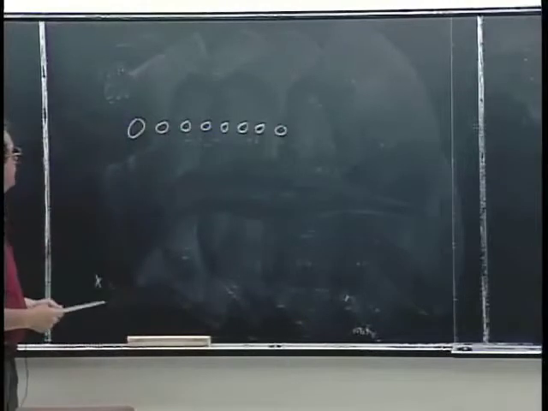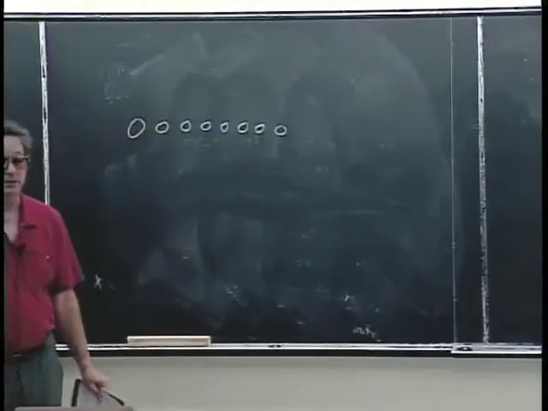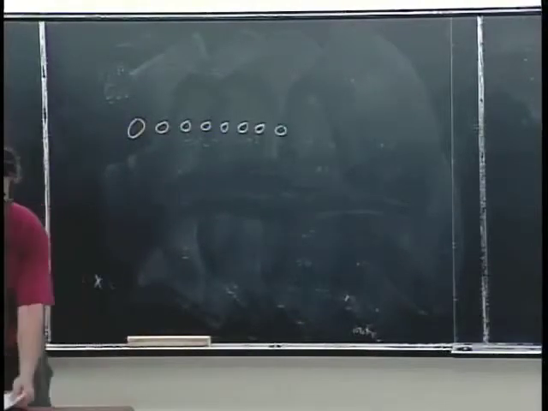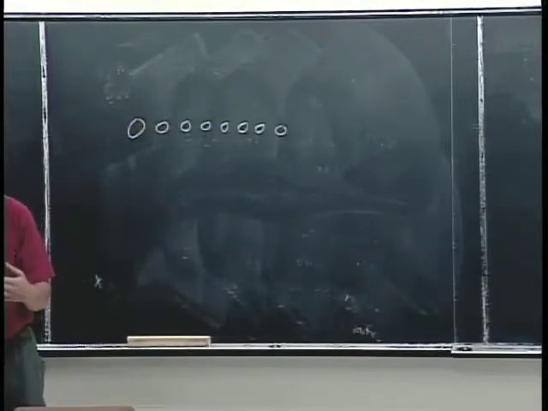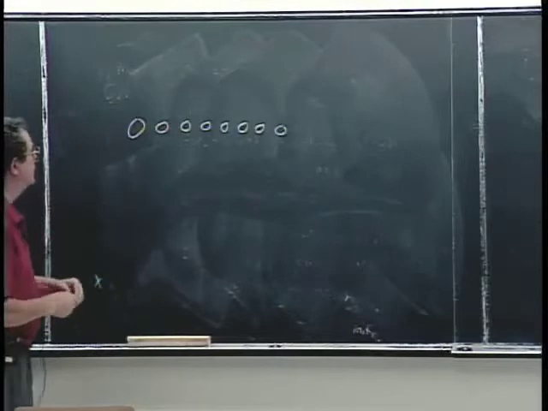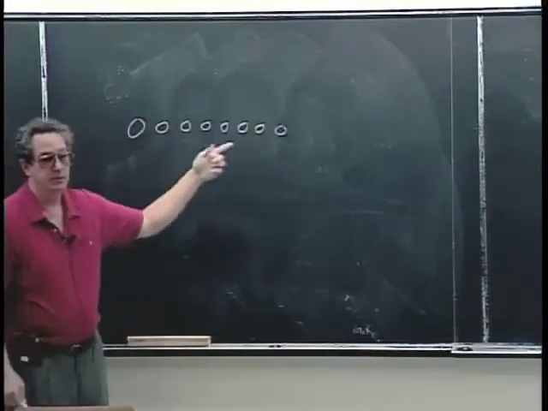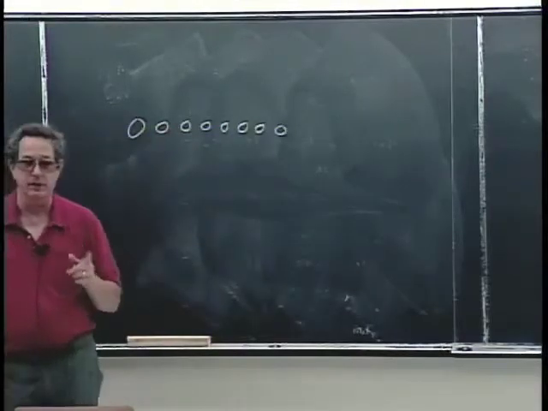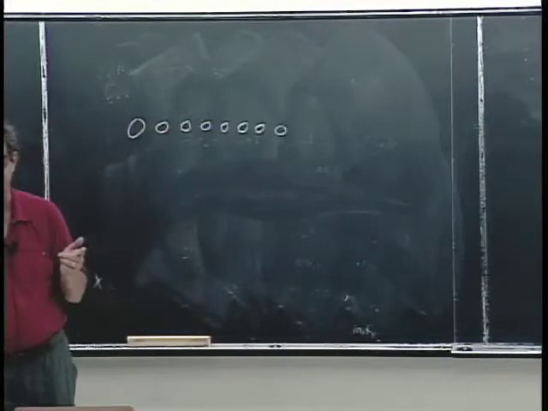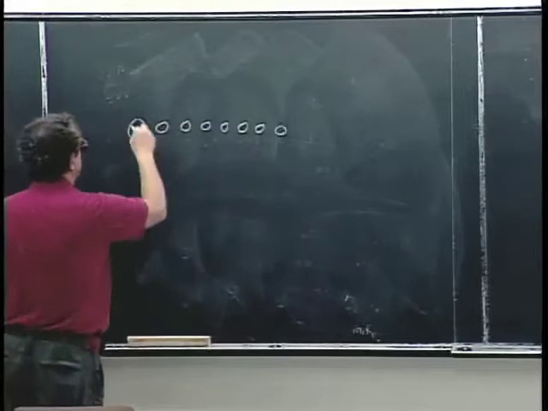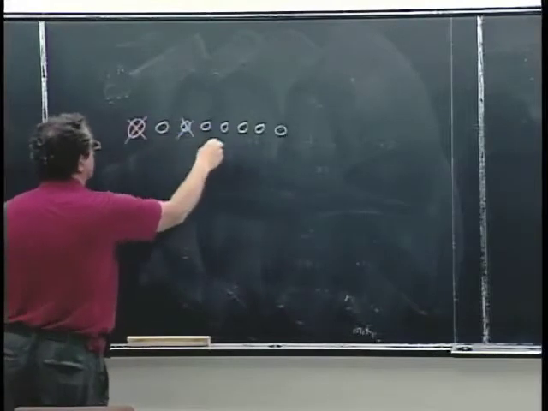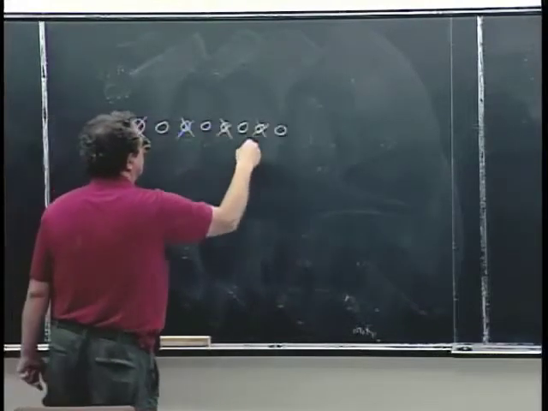So one high-level algorithm, that should sound like you could translate it into a Turing machine computation, is to make multiple sweeps here and cross out every other zero that you encounter. So the first time we sweep left to right, we're going to cross out that one, cross out that one, cross out that one, cross out that one.